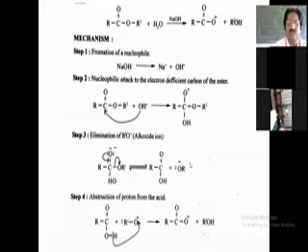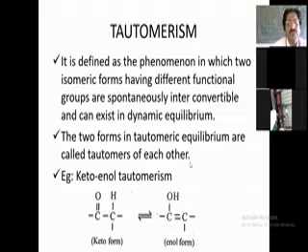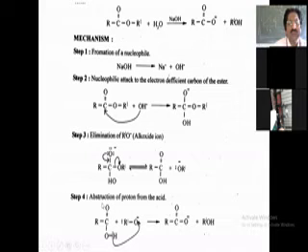Now the fourth step, a simple step, is the abstraction of a proton from the acid. Here the acid molecule is present, and this molecule takes the proton from the acid, and the acid is formed.